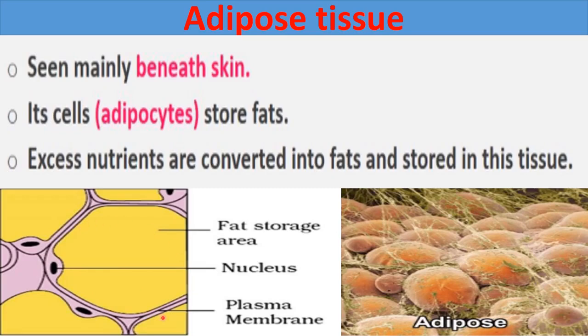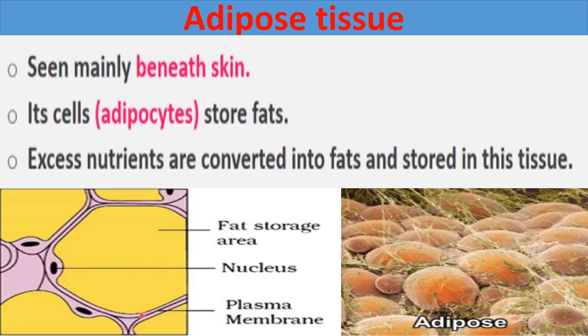This is a cell, an adipocyte, and inside that adipocyte, this complete area in the center is the fat storage area, and the nucleus is present here like this on the periphery. The nucleus has been shifted towards the periphery so that this area can become large for storing fat.